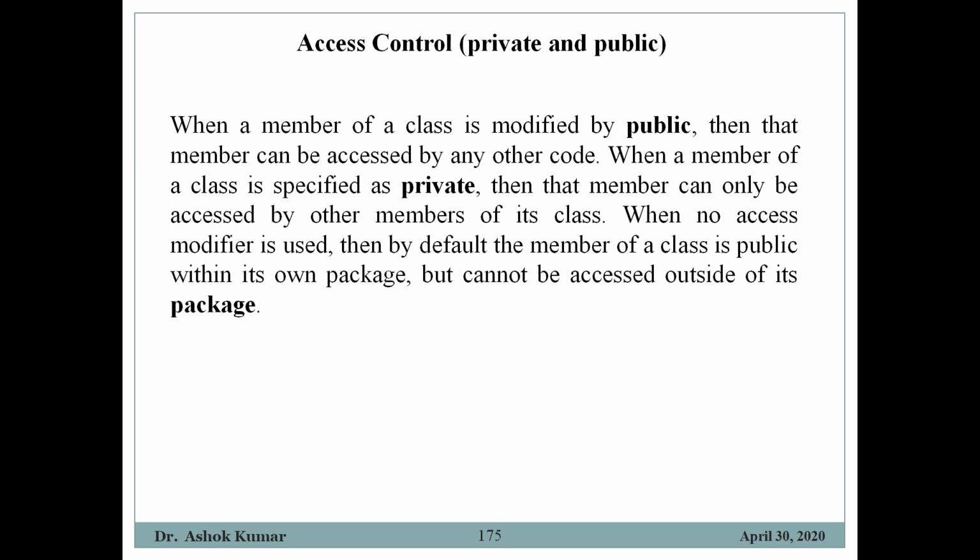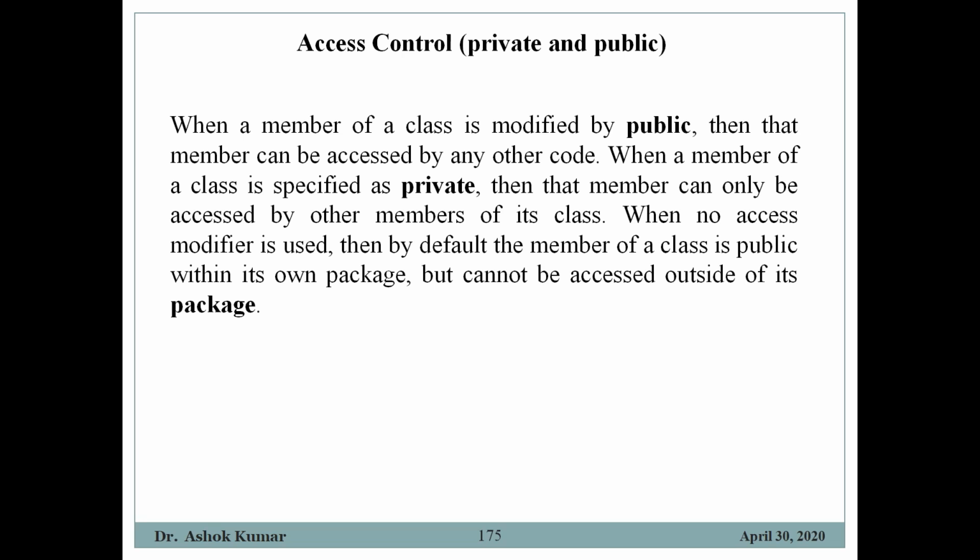I repeat, if you are not using any access specifier for the class members, then the class member will be public by default within the package, within the same package or within its own package.